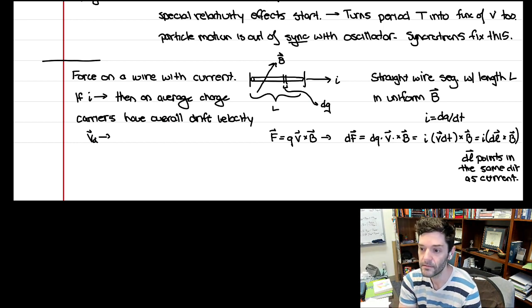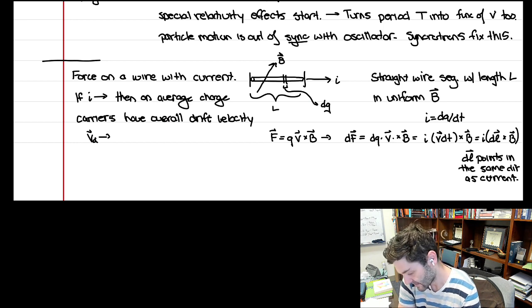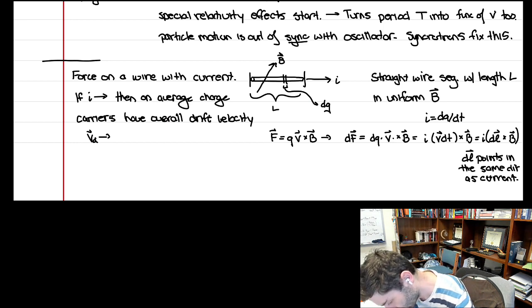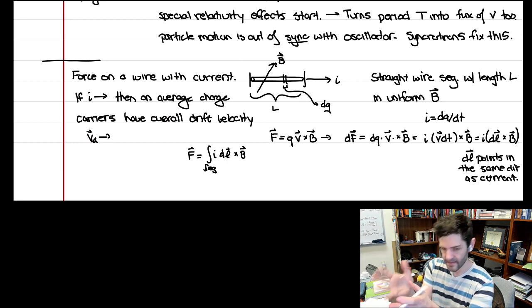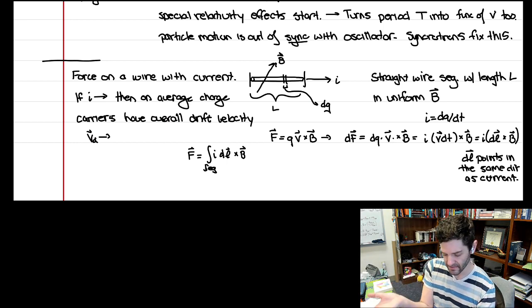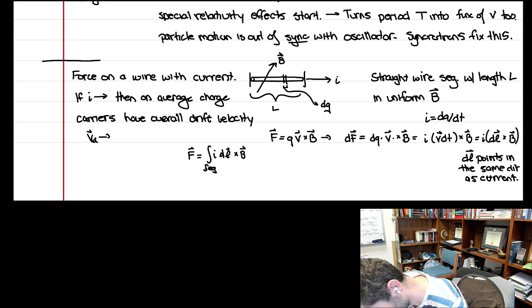And then we have a bunch of constants. The magnetic field's a constant. We're saying the current reaches some sort of steady state. This actually then becomes a pretty easy integral. So then the total force on the line segment is the integral over the segment of I dl cross B. But since I is a constant, it can come out of the integral, and B is a constant.